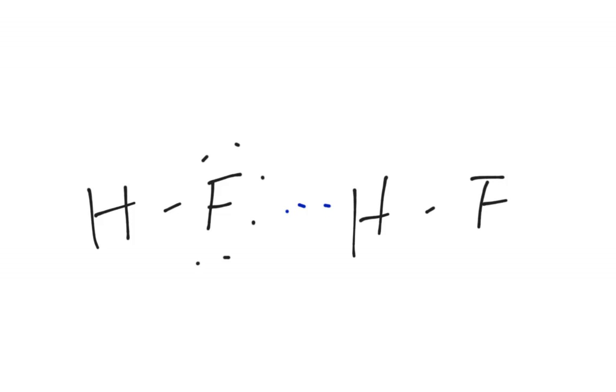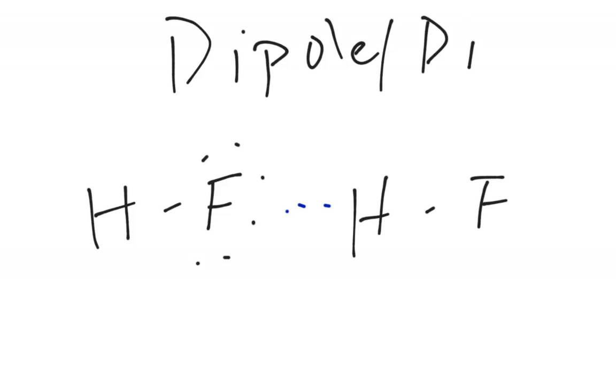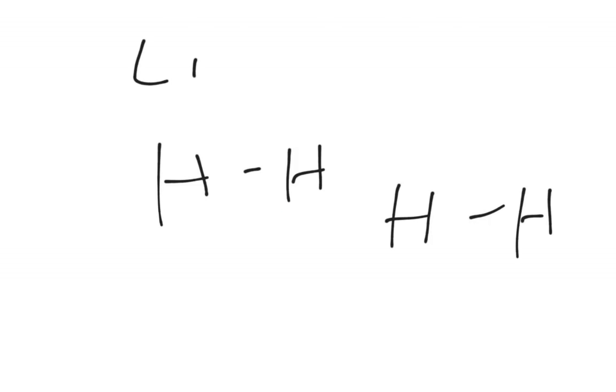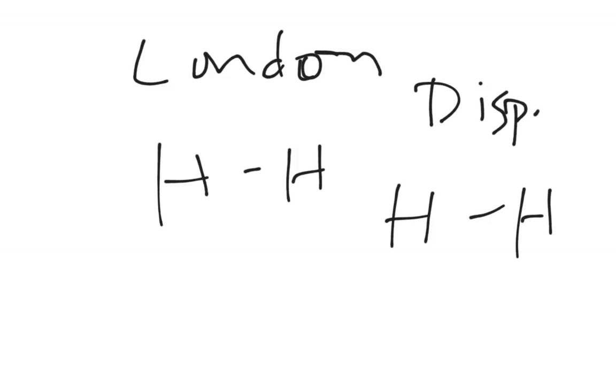When those two are interacting, so I have HF and then they have a very strong interaction to another HF, we call this a dipole-dipole interaction. When they are just basically bumping into each other randomly every now and again, we call this a London dispersion force.